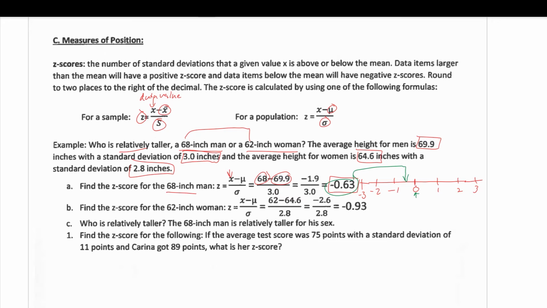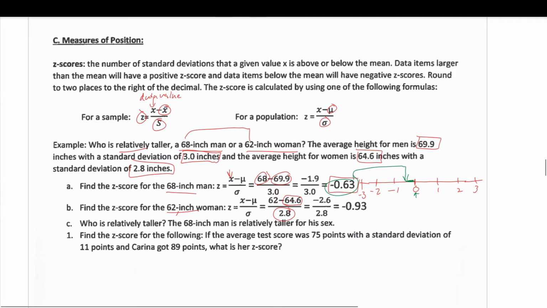Now we have to compare this distance for the female, right? So the woman here is 62 inches. Now, if we do the same calculation, but compared to women, we have the mean height of a woman is 64.6, and the standard deviation is 2.8. Okay.